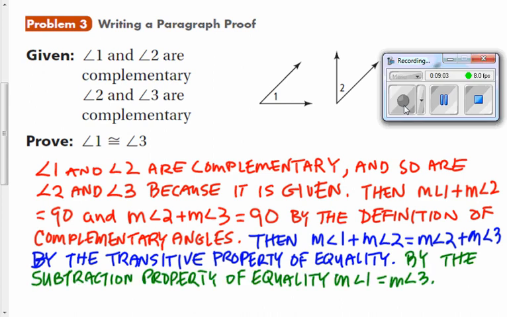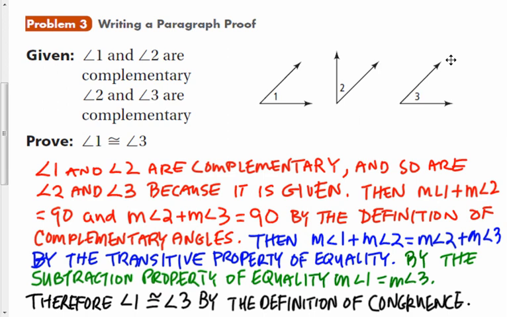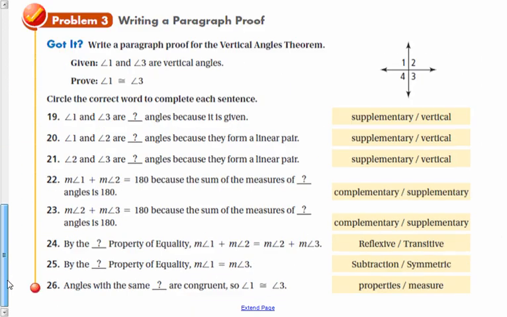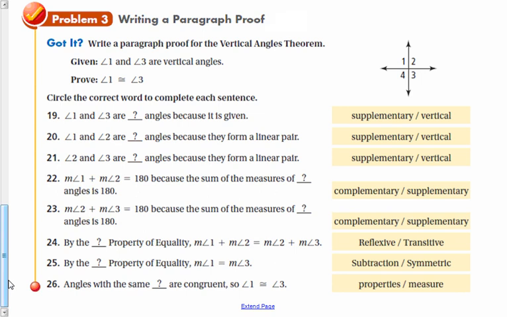And finally, our last sentence will say that angle 1 is congruent to angle 3 by the definition of congruence. I like the word therefore at the end. It kind of makes it like we really proved it then. So the rest of it is just for you to check your work. I'll put in the answers here and you can check back.